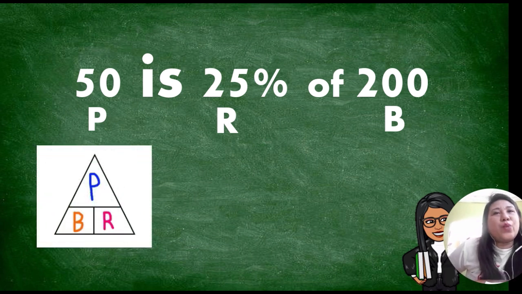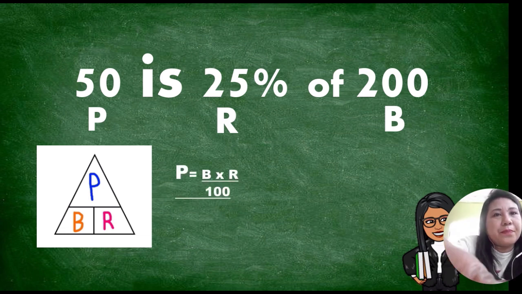Okay, so we should remember the PBR triangle in finding the value of P, R, and B. P stands for percentage, B stands for base, and R stands for rate. Percentage is equal to base times R divided by 100.